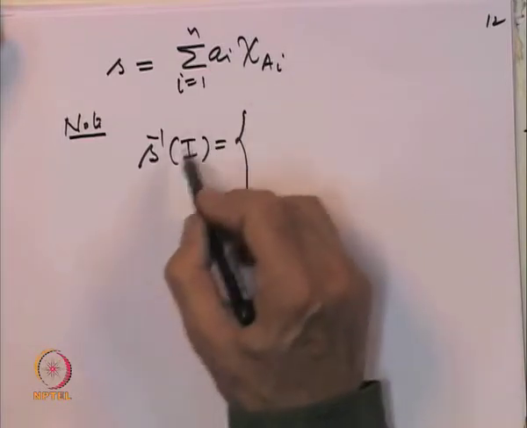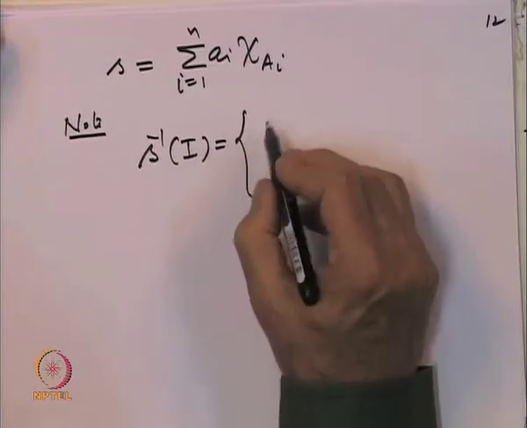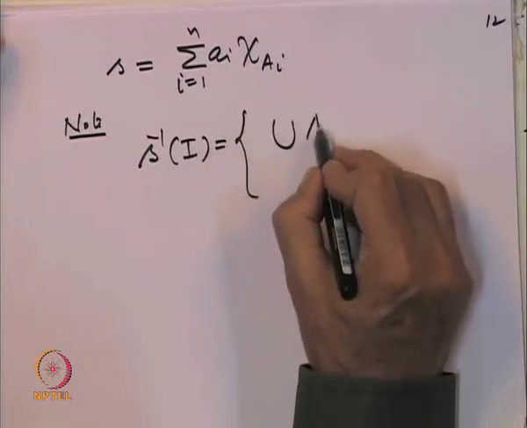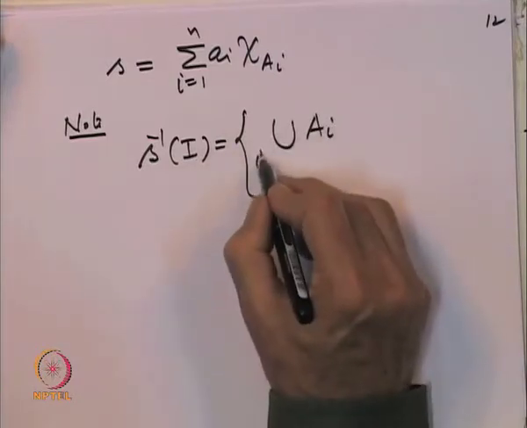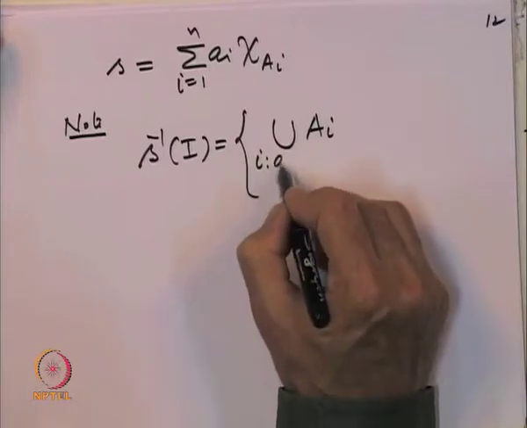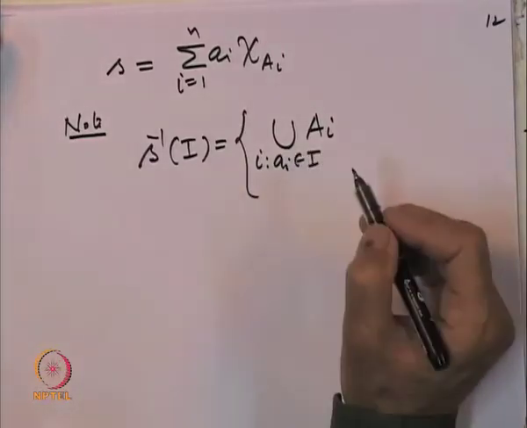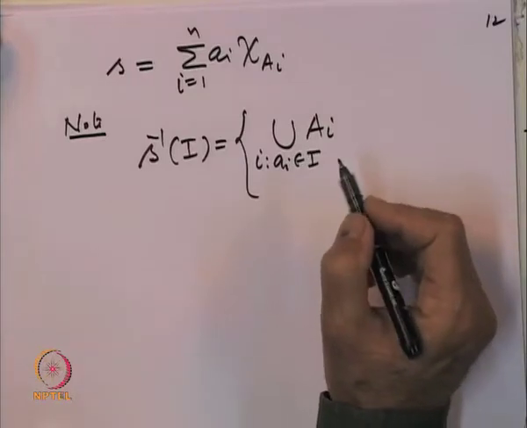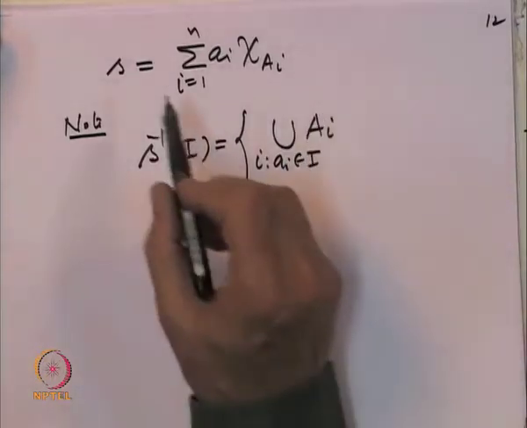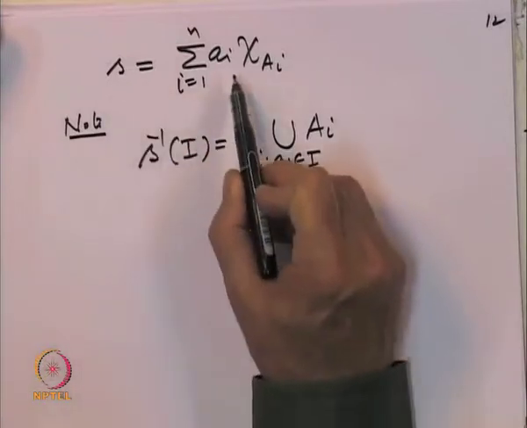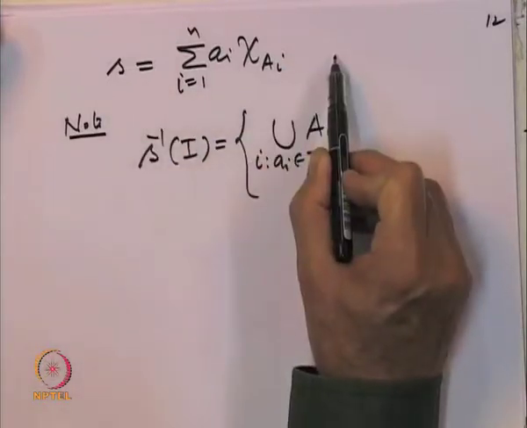So, what will be s inverse of I? That will be the union of those sets A_i, union over i such that a_i belongs to the interval I. So, clear.